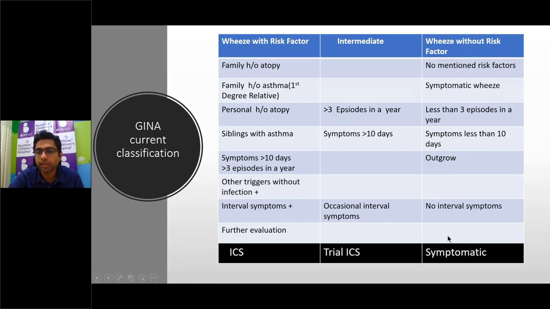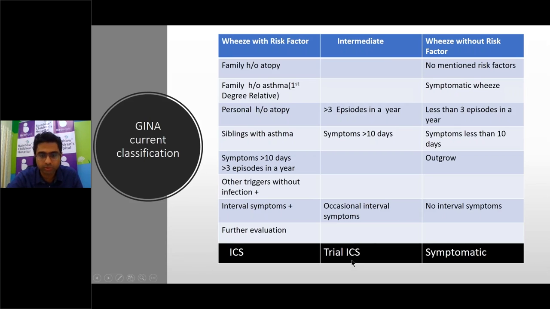We usually treat them symptomatically with inhaled salbutamol therapy. Now we have a group of children who fall in between this spectrum. The symptoms of recurrent cough, wheeze, and breathlessness occur, but each episode lasts more than 10 days, with more than 3 episodes in a year, and there are only occasional interval symptoms.